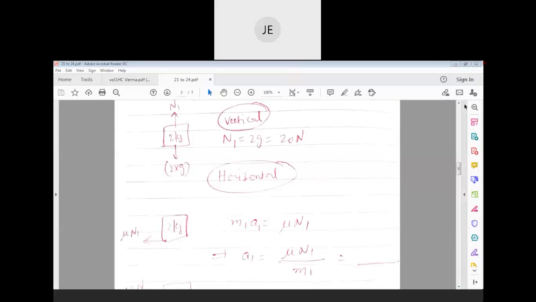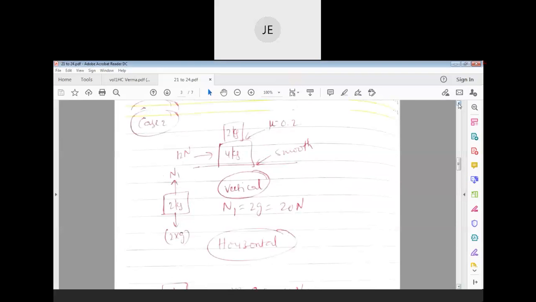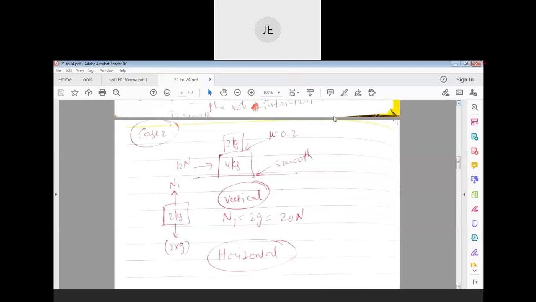Find out acceleration A1. Draw the diagram quickly.